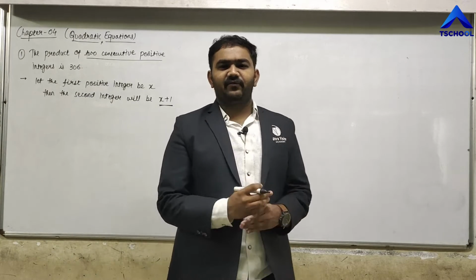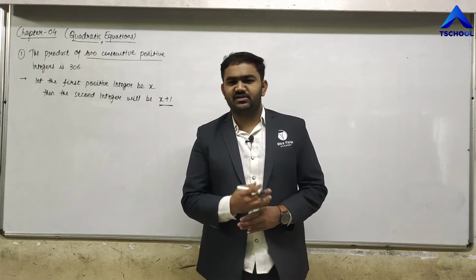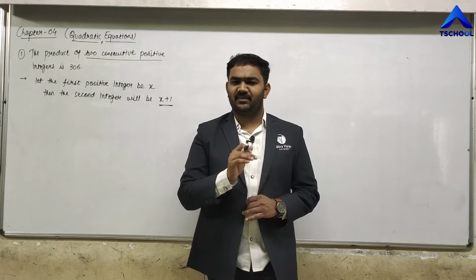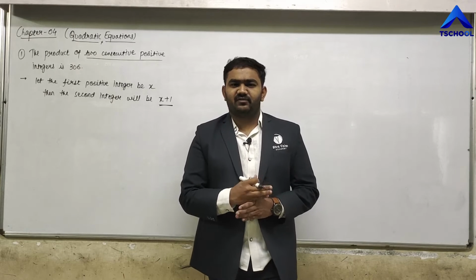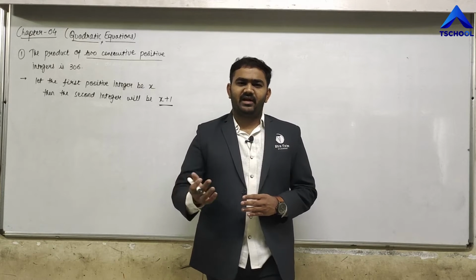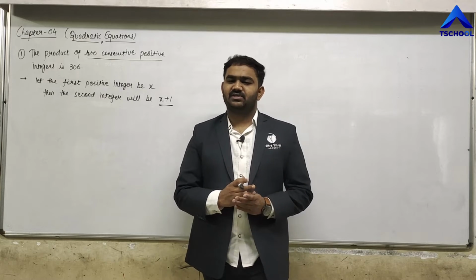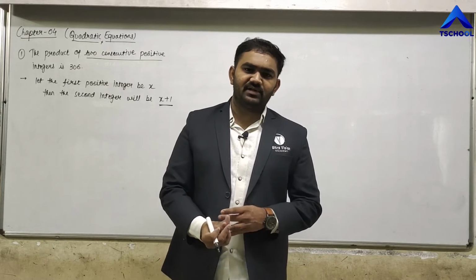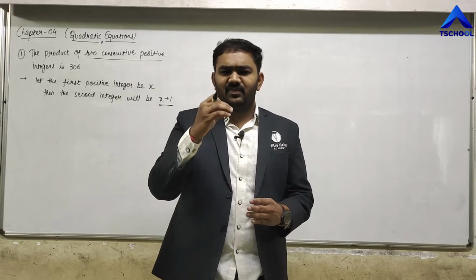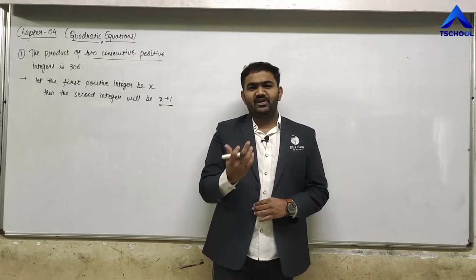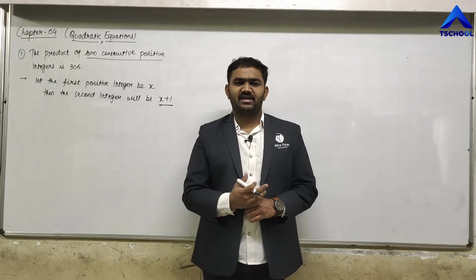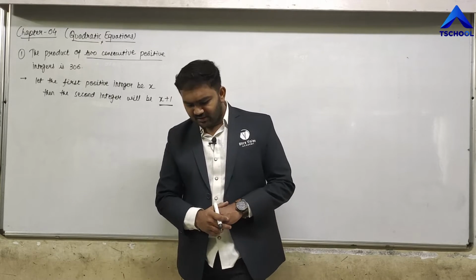If I'm taking for example 1 as my first integer, then my next consecutive integer is 2. That means a difference of 1, 1 plus 1, that is 2. Again, if I'm taking 2 as my first integer, then 3 will be my consecutive integer. So 2 plus 1, 3. That means for consecutive integers, we shall always take the first one as x and the second one as x plus 1.